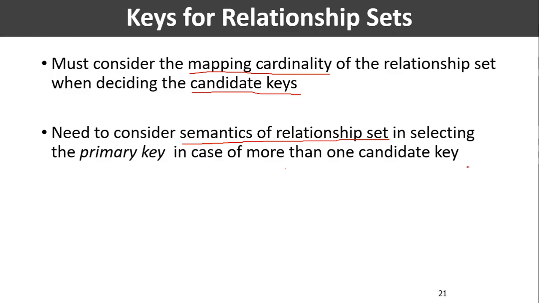So if I have more than one candidate key for the relationship set, then I need to consider the semantics of the relationship set, and whichever is the most relevant candidate key, I need to pick as the primary key for that relationship set. We are not going into the details right now.